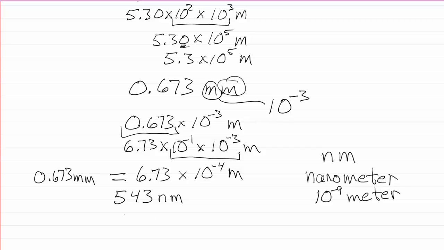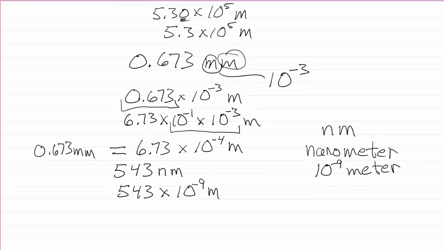Okay, so that 543 nanometers is 543 times 10 to the minus ninth meters. And we're back here again to having almost scientific notation. The 543 I would convert to 5.43 times 10 squared, and I'm multiplying that times 10 to the minus ninth meters.